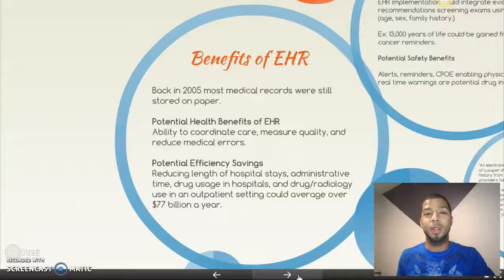I found that really astonishing, to know that here we are just a little over a decade later, and EHR utilization has significantly increased compared to 2005. I can't even think about what it would be like being a HIM professional back then and how important their role was in bridging those gaps.